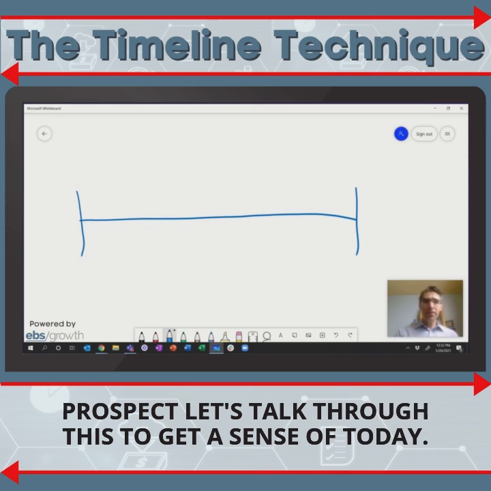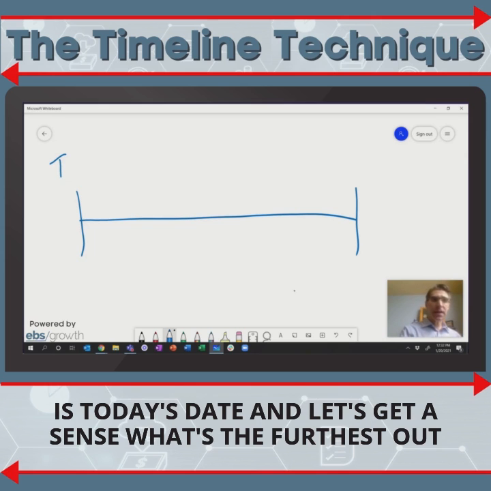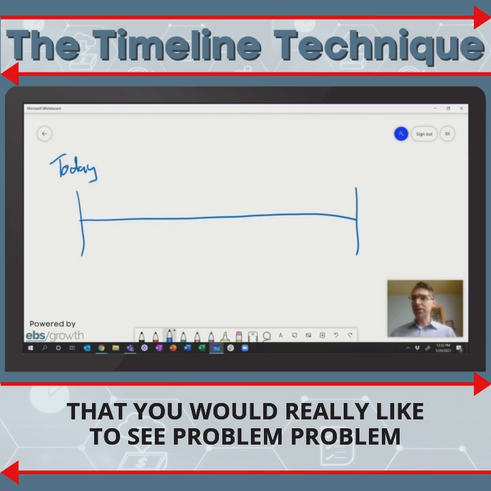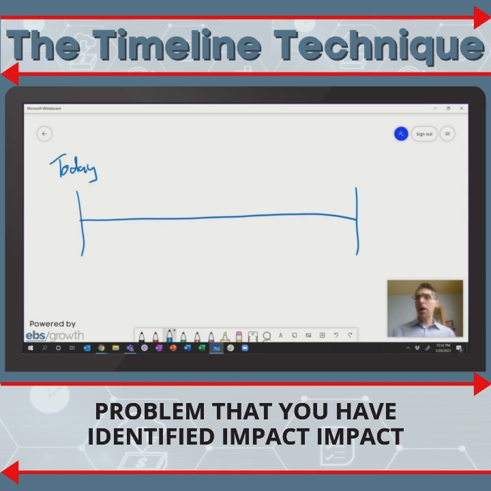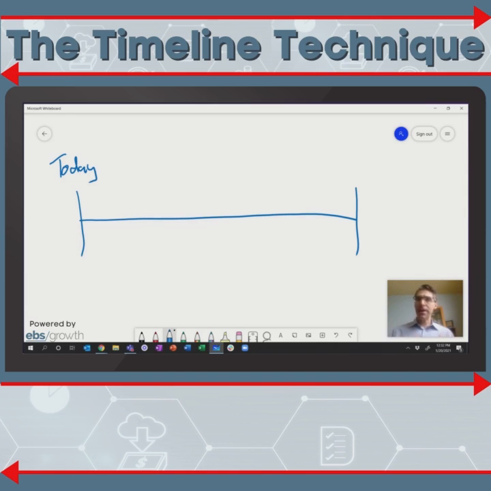Today is today's date. And let's get a sense, what's the furthest out that you would really like to see the problem that you have identified, the impact, resolved? By when would you really like to see that? Blankety-blank date. So we'll call that the future date.